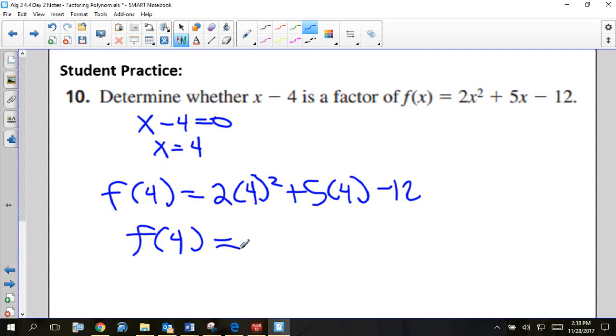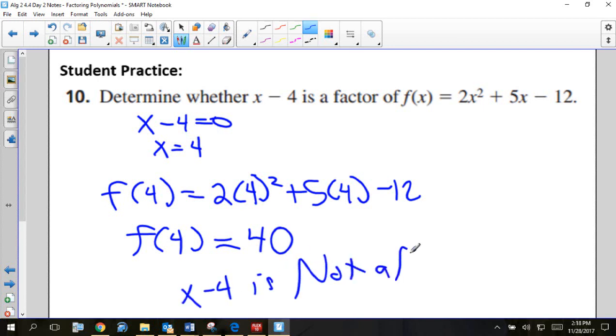What'd you get? Anybody? Lots of you. 40. That's what you should have gotten. And then you say, oops, that's not equal to 0, so x minus 4 is not a factor. Okay, so that's what I would expect to see in your book.